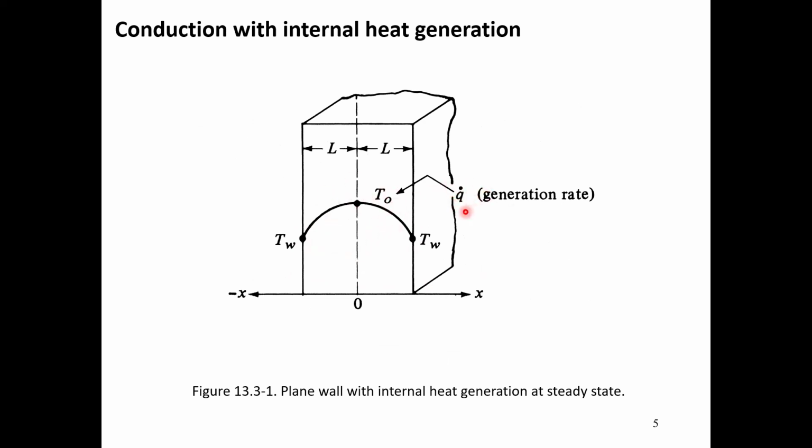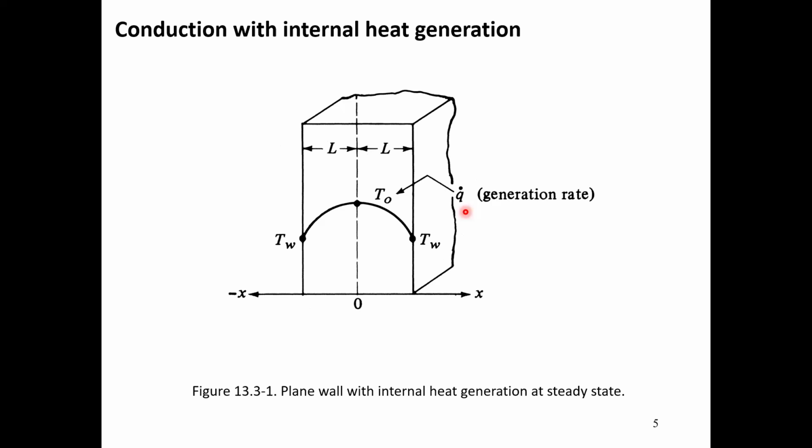This is the rate of heat generation per unit volume. Some practical scenarios would be, for example, if a reaction is happening within a slab and heat is being generated due to the reaction. Or you can consider nuclear rods, which are hot. Those are such examples.